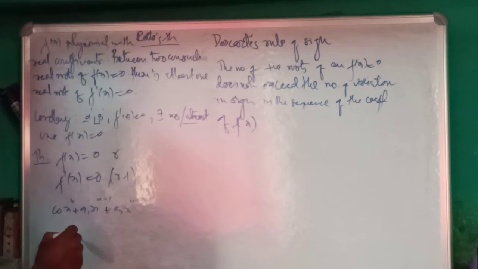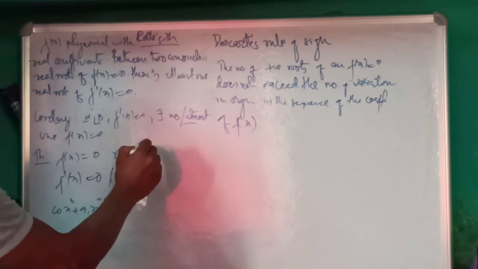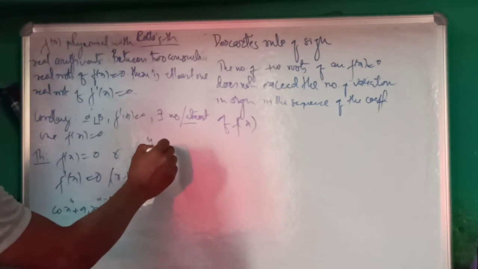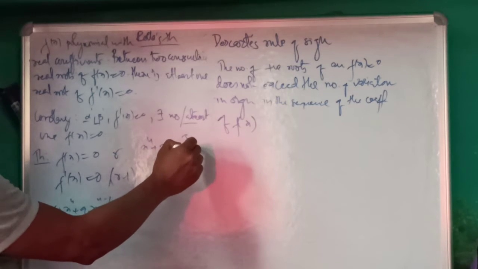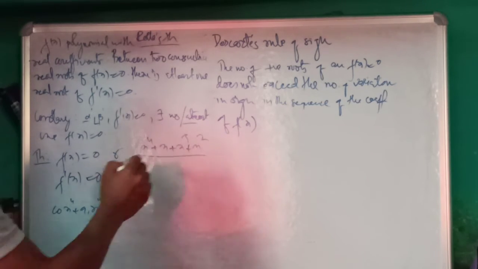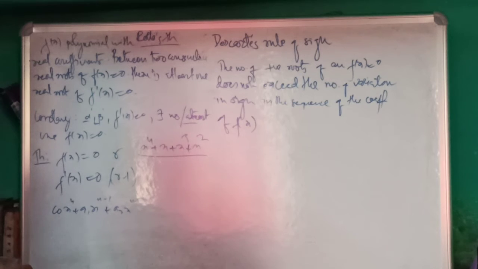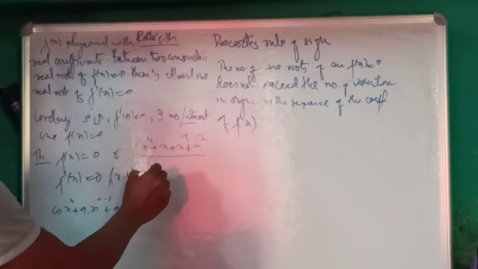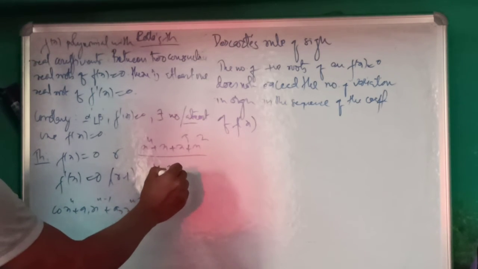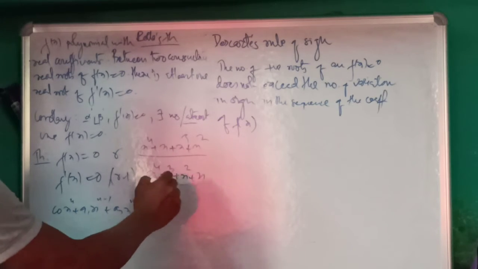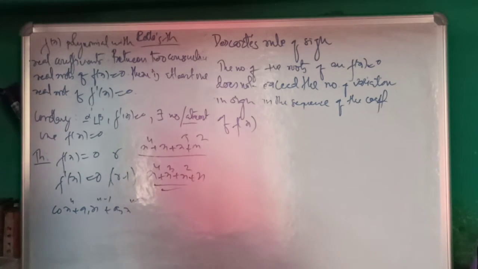You can't check the variation of sign in something like x to the power 4 plus x cube plus x square. You cannot check the change of sign in this type of equation. You have to make a standard sequence like this, and then only you can check the variation of sign.